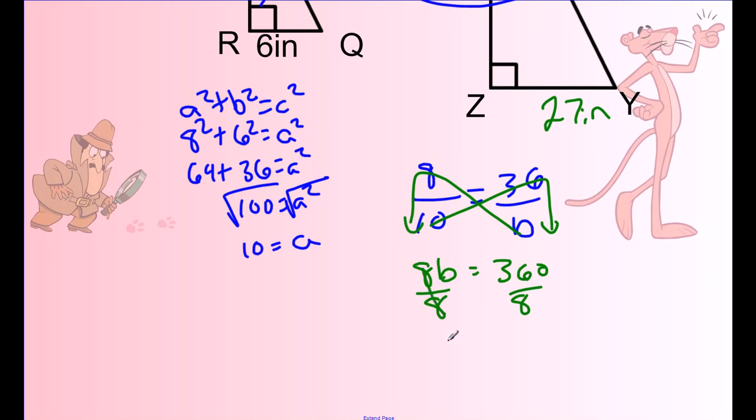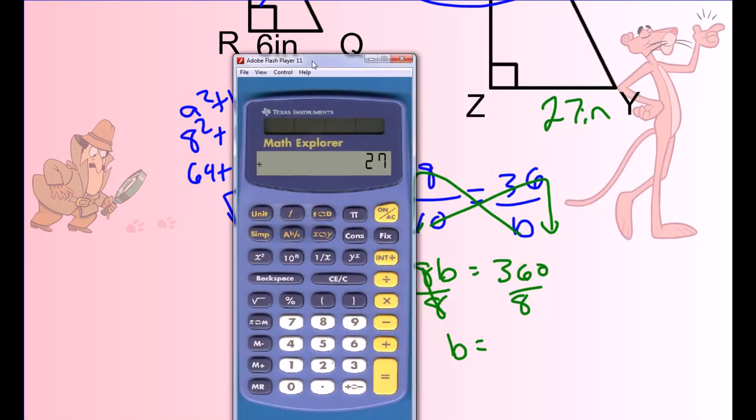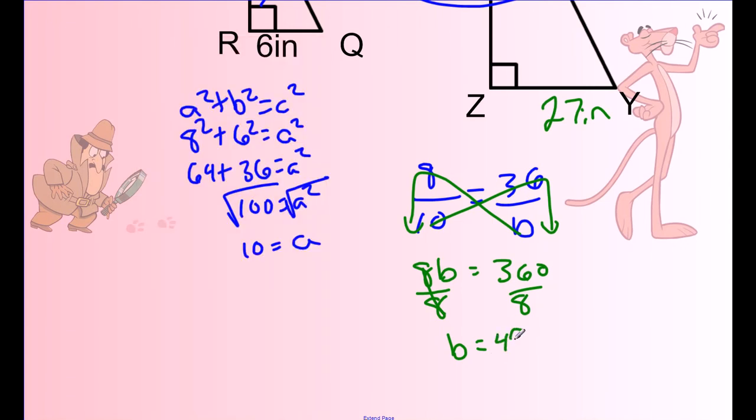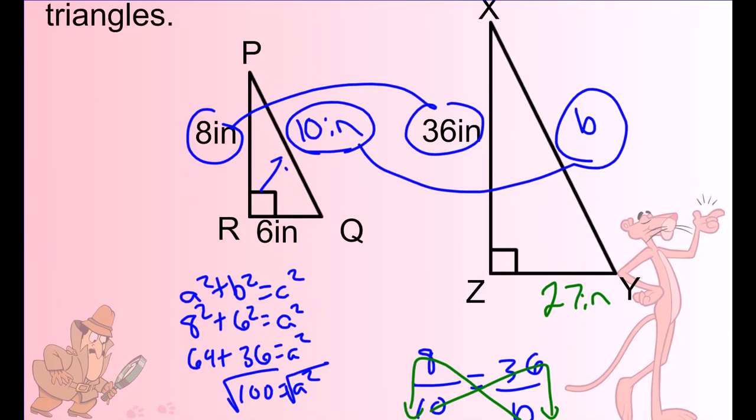Divide by 8. I lied, I can't. 360 divided by 8. 45. So my missing side length of B is now 45 inches.